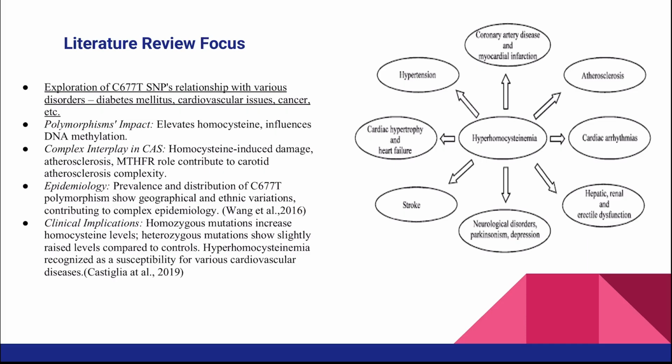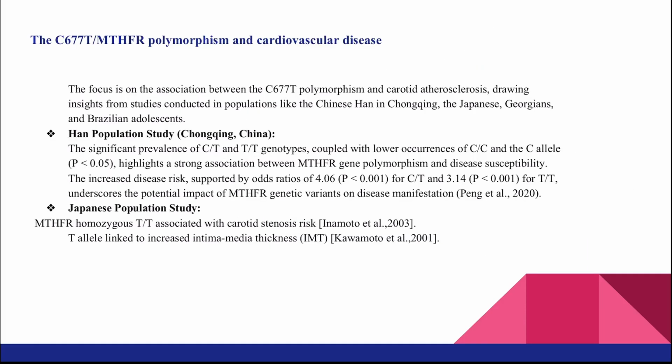As you can see, hyperhomocysteinemia has been linked to various disease processes, mostly cardiac as well as coronary artery diseases, from myocardial infarction to hypertension, and susceptibility has been seen to vary across population studies. We start by focusing on the association with cardiovascular diseases.